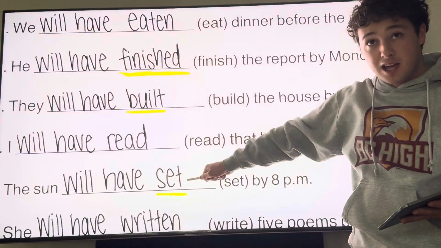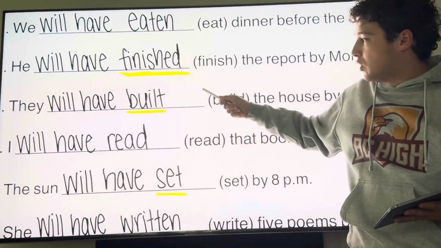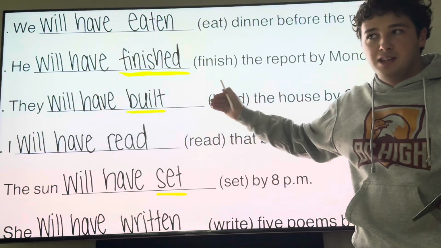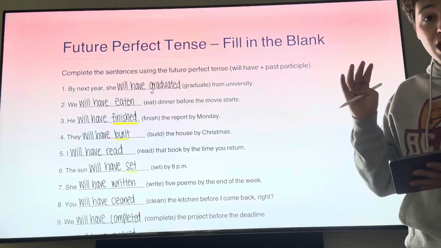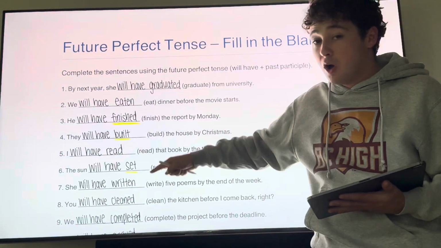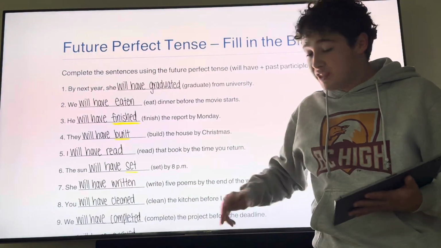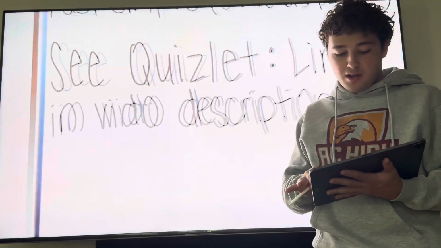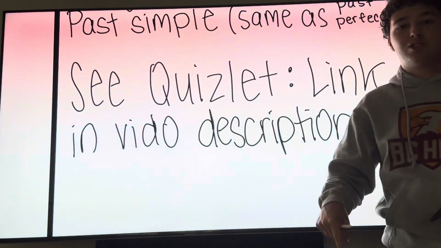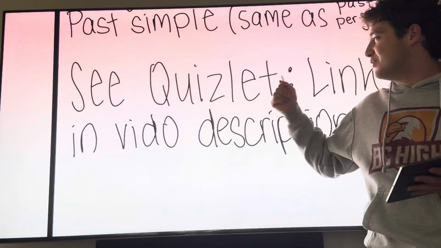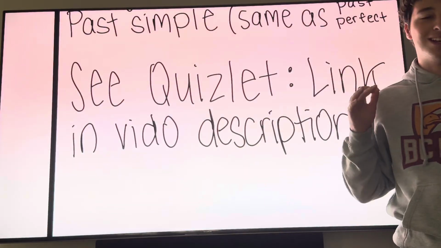Stays exactly the same as past simple, and then has a completely different irregular form for the perfect tenses. The way you will learn these, you will be able to do all of this if you go to this Quizlet. It's down below in the description. I really recommend you do the Quizlet. I can't recommend it enough.